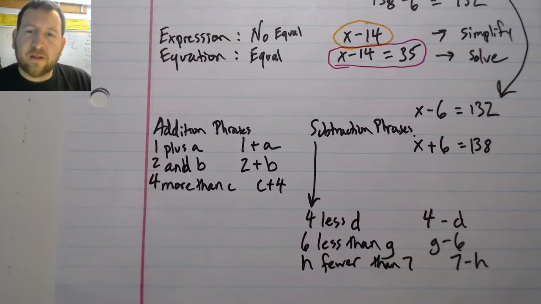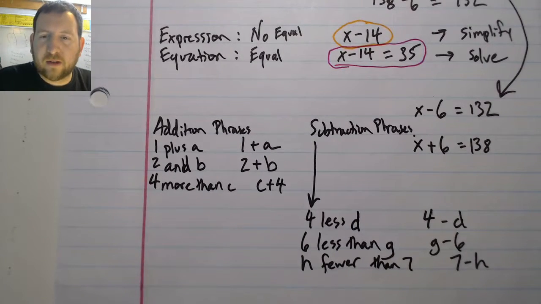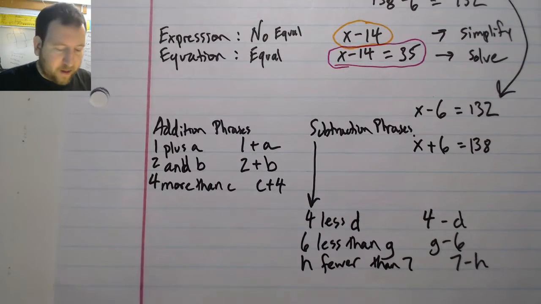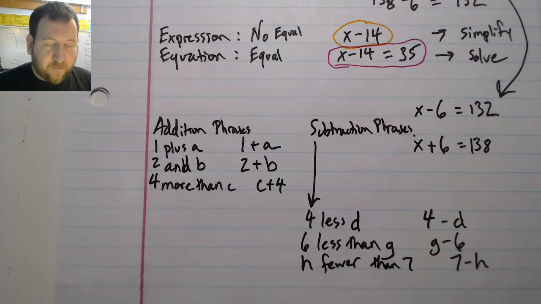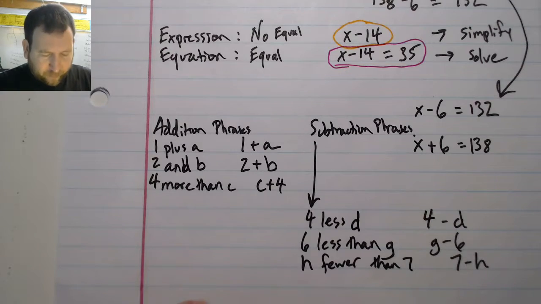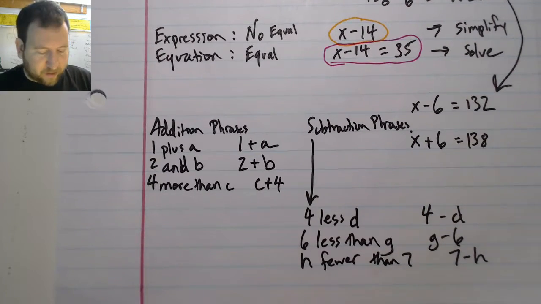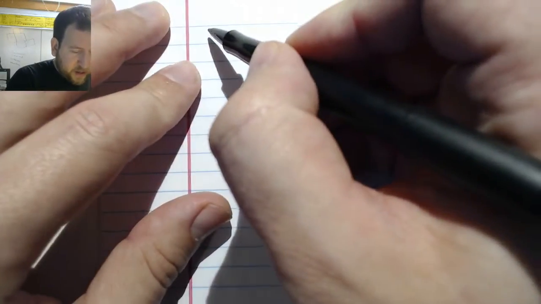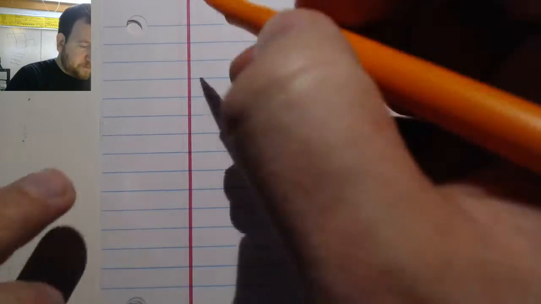Okay? Let's look at a couple examples. Once I do the first example, you are free to go on. For this section, you will be writing expressions and equations. So I'm going to do an example of each. Now, I'm kind of out of space, so I'm just going to go to my next page. If you have some more space, then go ahead and go on. All right, we're going to write an equation. We've got example 1.